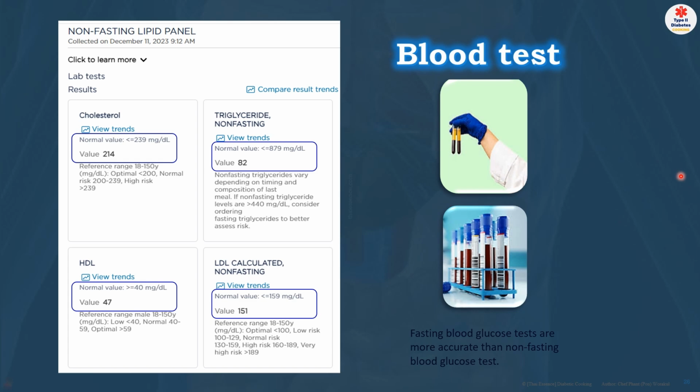But you still have to do the blood test every 4 months. Like you see the non-fattening lipid panel when they do the blood test, their standard is less than or equal to 239, but mine is 214, and they try to give me a statin.